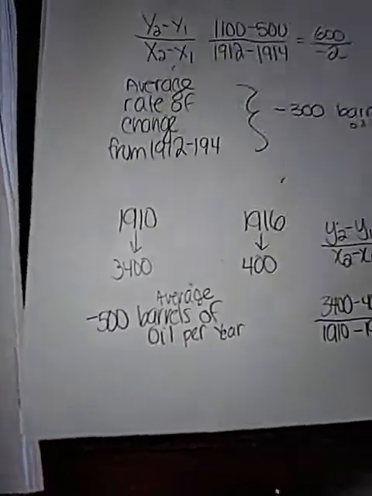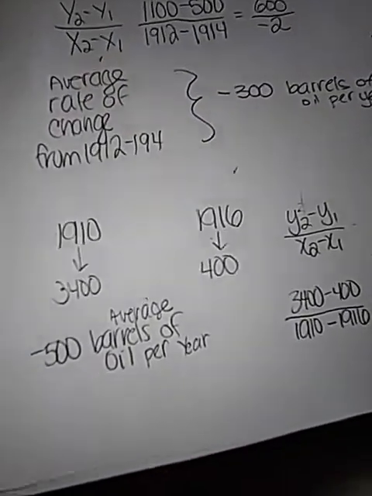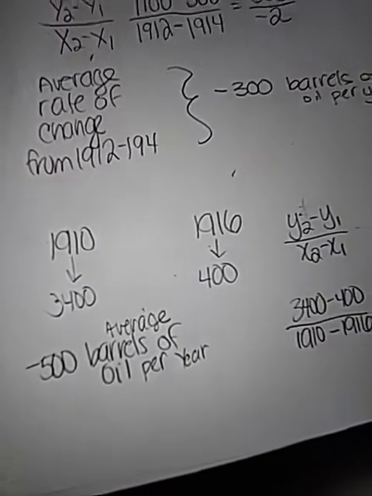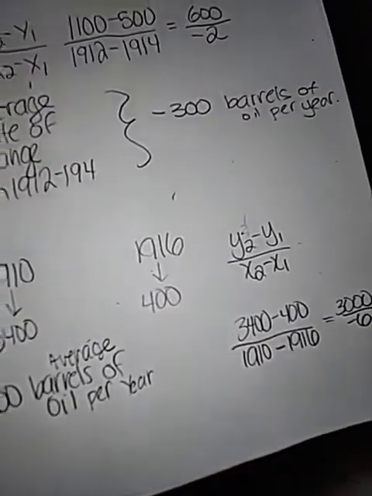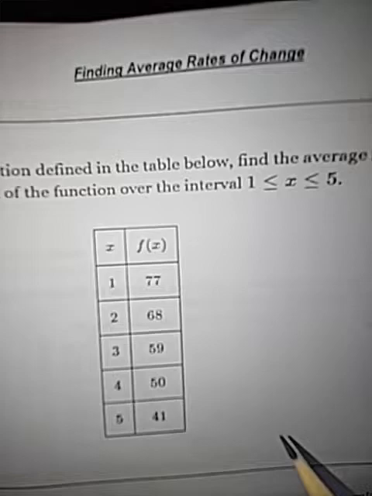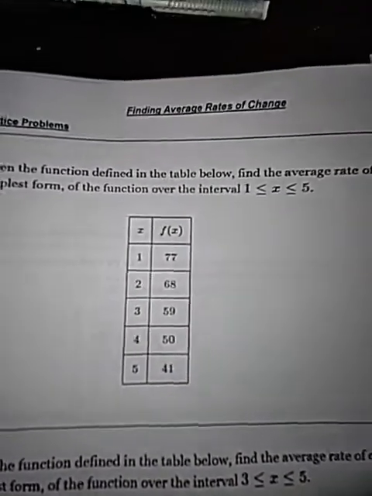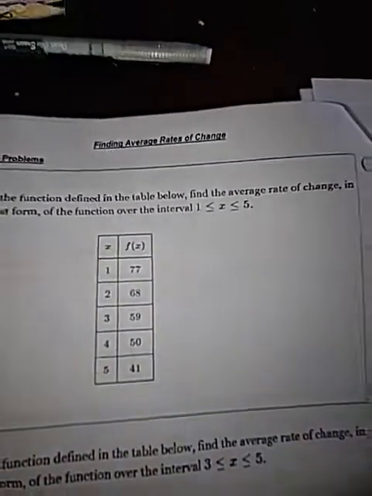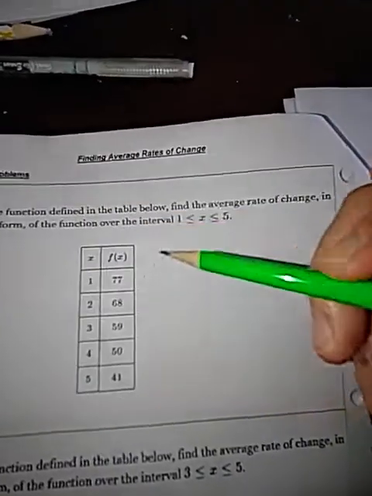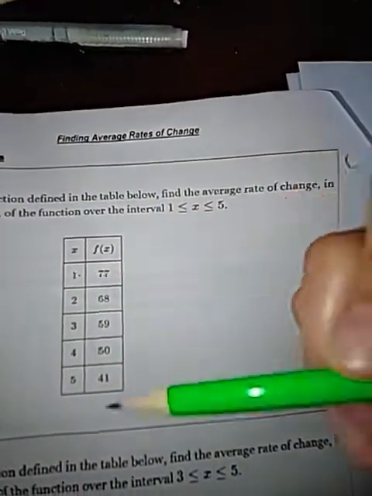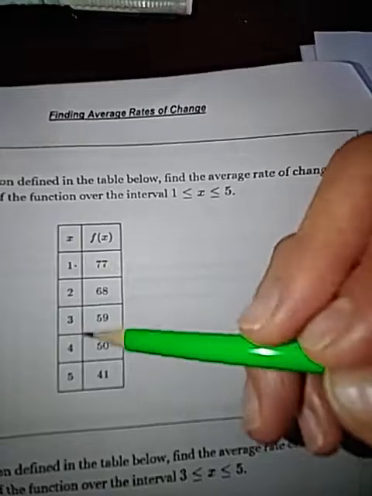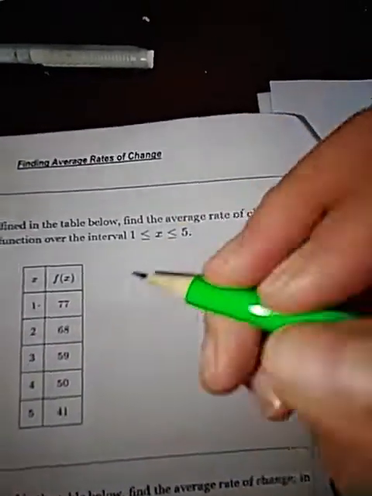Okay, and now they can ask you this question a bunch of different ways. So if you're in the packet, we can go now to page 30, number 1. All right, so they can give you a function with a table, and then they can ask you for the average rate of change. And then I have to give you the interval. So they're saying when you go from 1 to 5 on the x-axis, what's the average rate of change for the function?